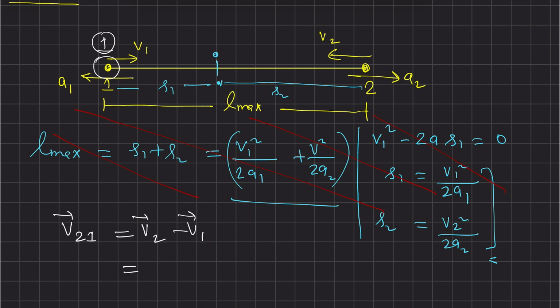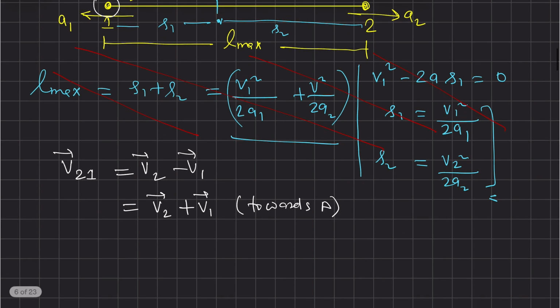So it will simply be v2 plus v1 vector, which is towards a. So it will simply be v2 plus v1 towards a. That is v21.